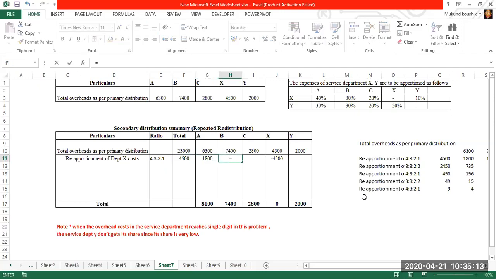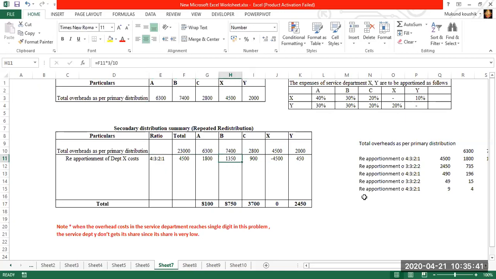Then for department B it will be 4500 into 3/10. Then for department C it will be 4500 into 2/10. Then for department Y it will be 4500 into 1/10.